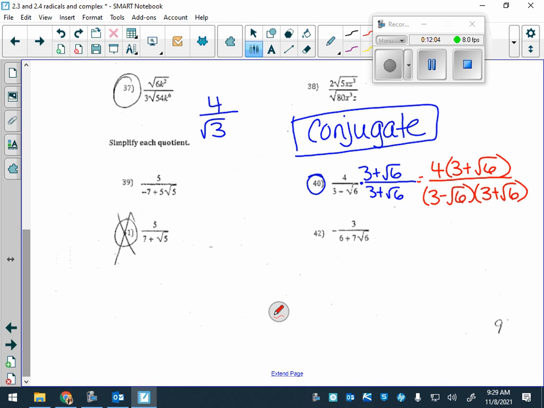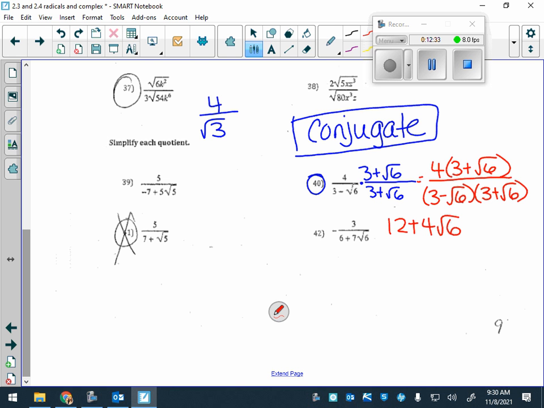Then in the denominator, 3 minus root 6 times 3 plus root 6. We're going to do this all out so you see how the radicals are eliminated. Okay? So what would I have to do? What operation would I have to do in the numerator here? What do you think? Yeah. Distribution. So 4 times 3, 12, plus 4 root 6.